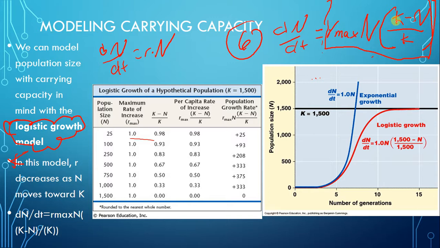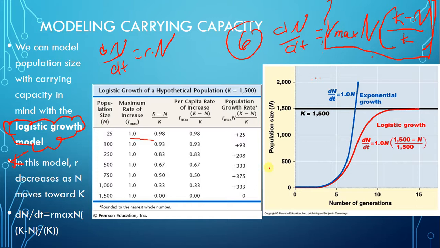K minus N represents the number of individuals that the environment can still hold, and (K minus N) divided by K represents the number of individuals the environment can still support as a fraction of its total possible capacity.